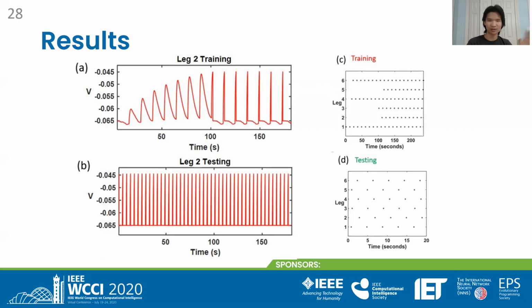So if we show a new gait to the robot, then it will be able to imitate that more easily because it already got trained on the previous gait in part C. So this is how the voltages in figures A and B correspond to the walking gaits that you see in figures C and D.